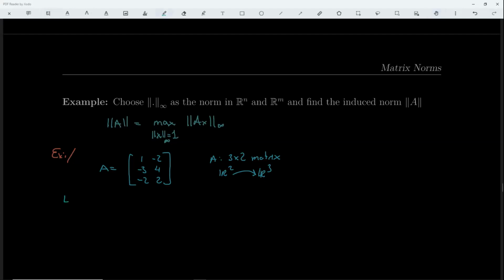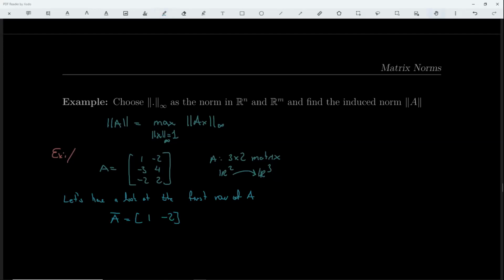Look at the first row of A. I will call that A bar, and that is simply equal to 1 and -2.